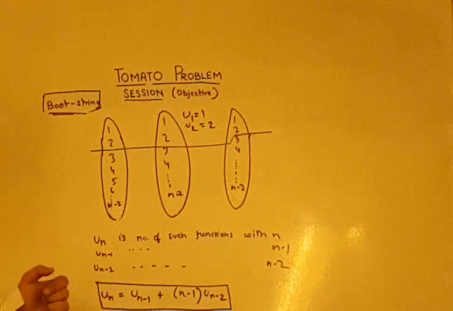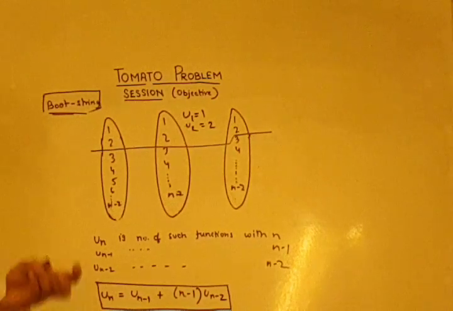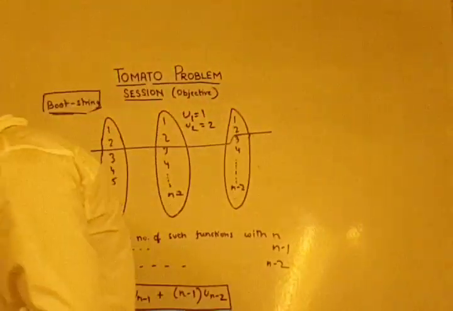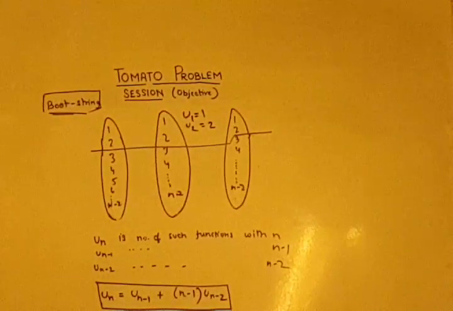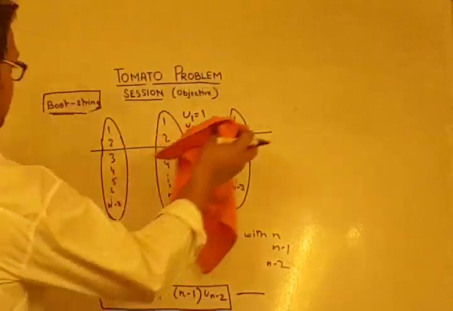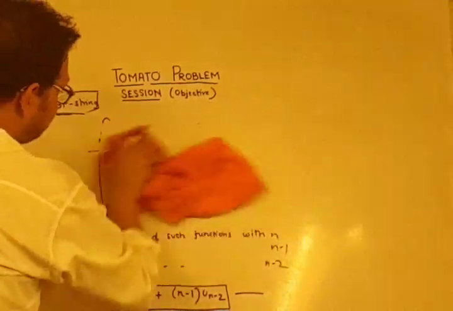Now how will we calculate u3 and u4? Because the question asks for the value of u4. From this step, I can find the value of u4 from the expression that I have marked in brackets.